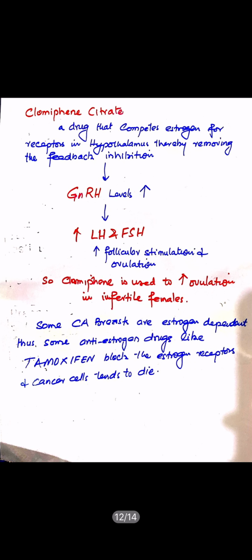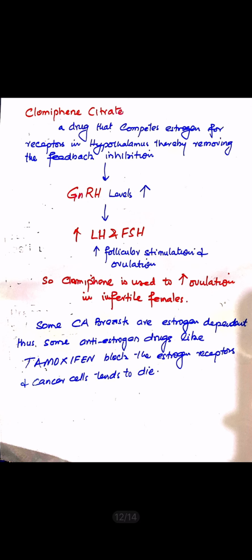Clomiphene citrate is a drug that competes with estrogen for receptors in the hypothalamus, thereby removing the feedback inhibition. Then gonadotropin releasing hormone levels increase, there is increased LH and FSH, thus increased follicular stimulation and ovulation. So, clomiphene is used to increase ovulation in infertile females.